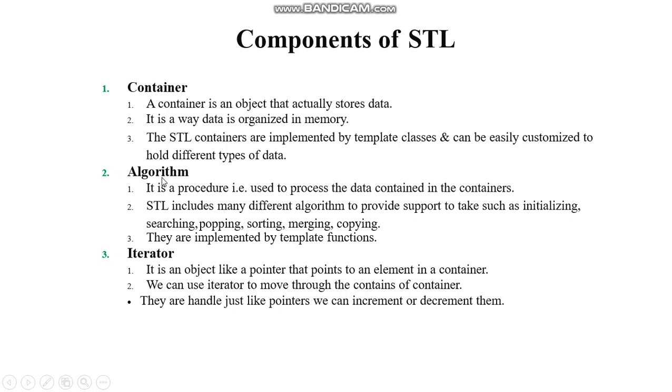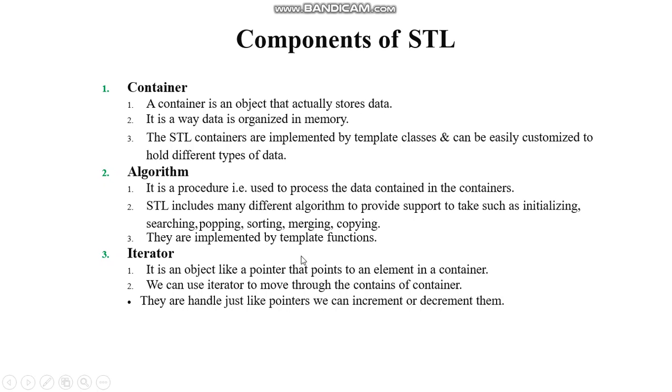The next component of STL is the algorithm. An algorithm is used to process the data contained in the container. Many different algorithms are there to provide tasks of initializing, searching, popping, that is removing the data, sorting, arranging the elements in order, merging, that is combining different sets of data, and copying one set to another set. For everything there are some procedures.